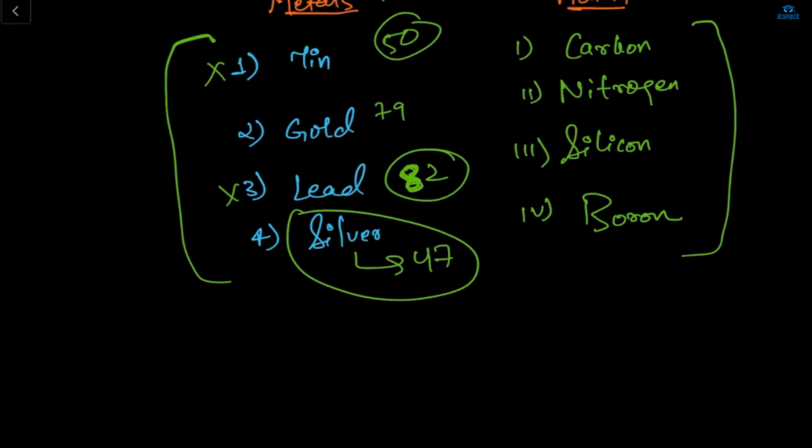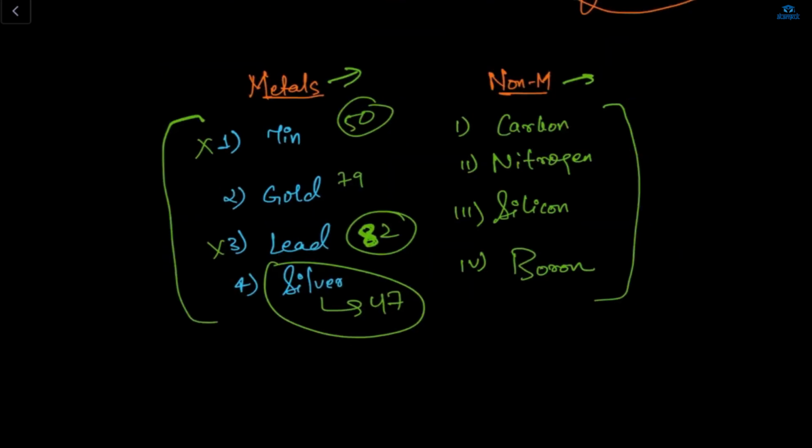Ma'am, what is the atomic number of silver? It's 47. Ma'am, how many electrons are possible in the first shell? 2. Ma'am, for carbon, its atomic number is 6. So it would be 2 and 4.